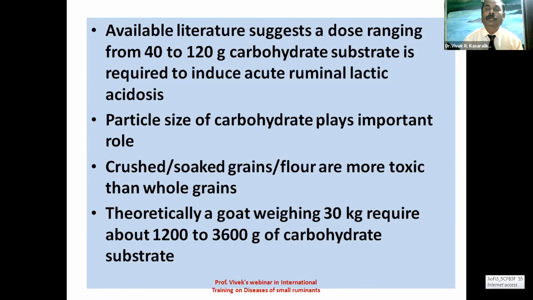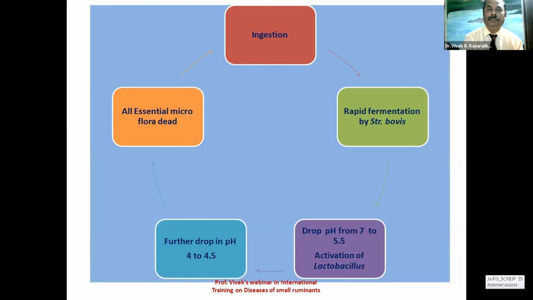Whereas crushed or soaked or cereal flours are more toxic than whole grains. Then I have already explained, theoretically a goat weighing around 30 kg requires about 1.2 to 3.6 kgs of carbohydrates to end up in a life-threatening situation.